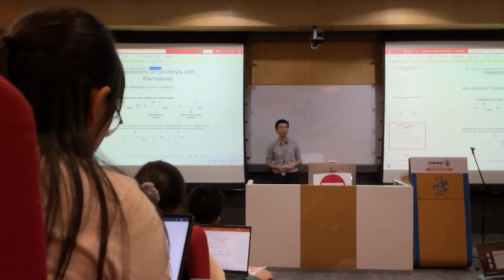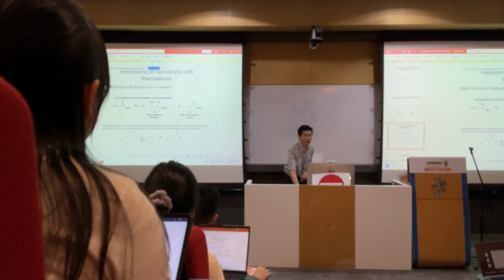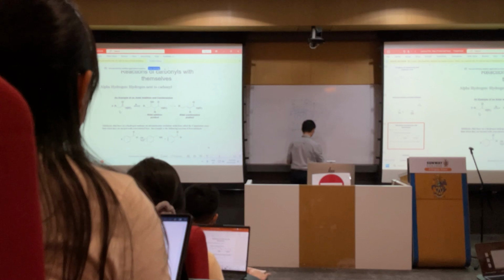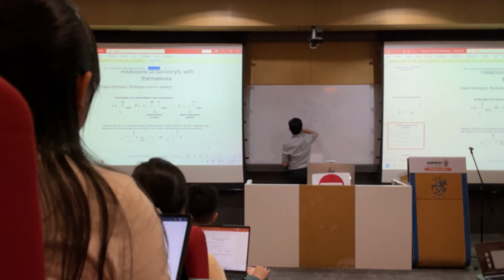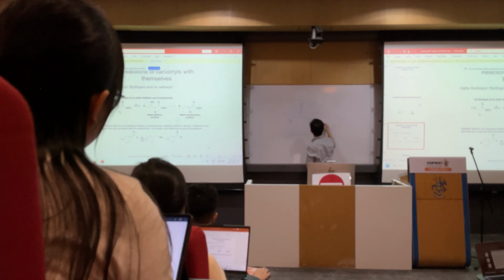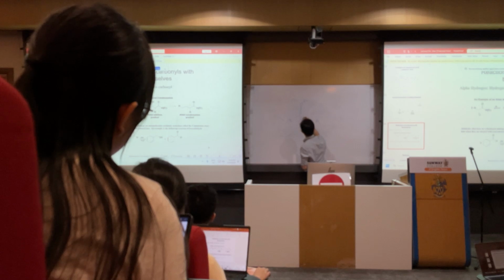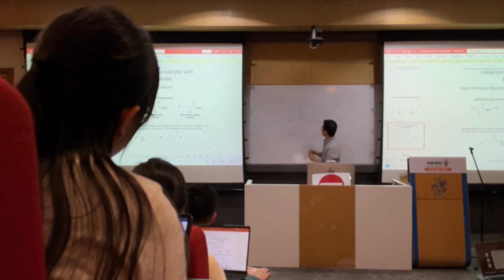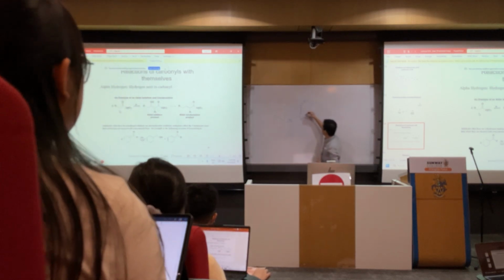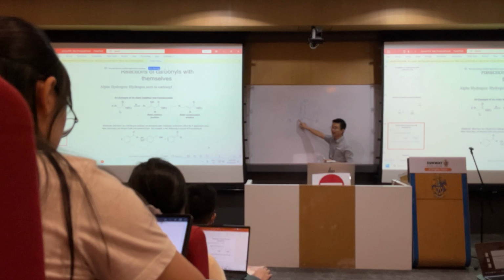In this case, we have an aldol addition. Because of the polarity between this carbon and oxygen, because of the polarity of this carbonyl group, the dipole moment, the electron will always be pulled from this carbon to this oxygen, making this carbon electron deficient.